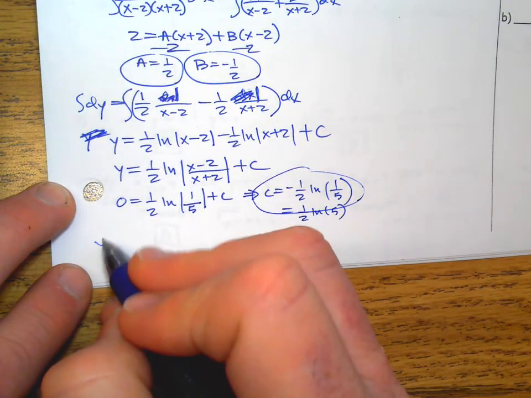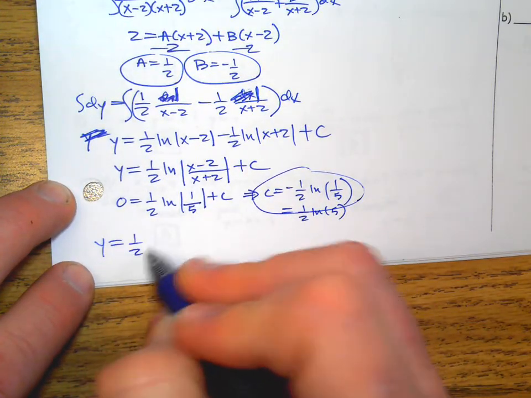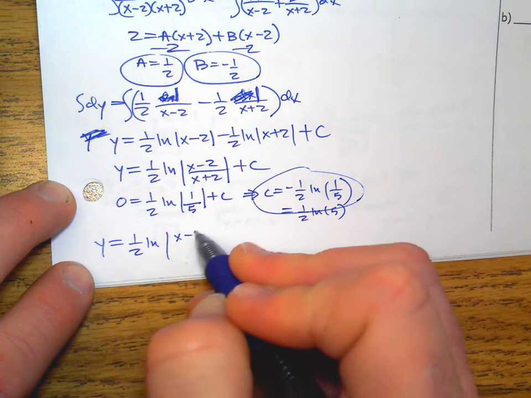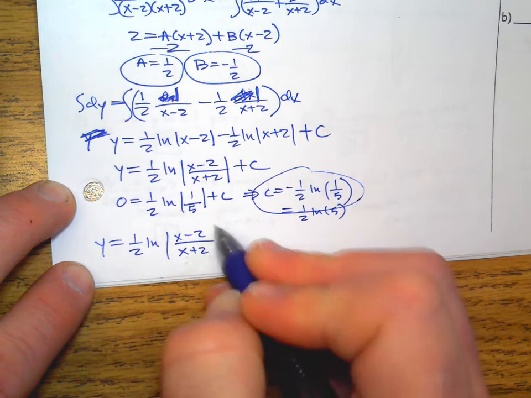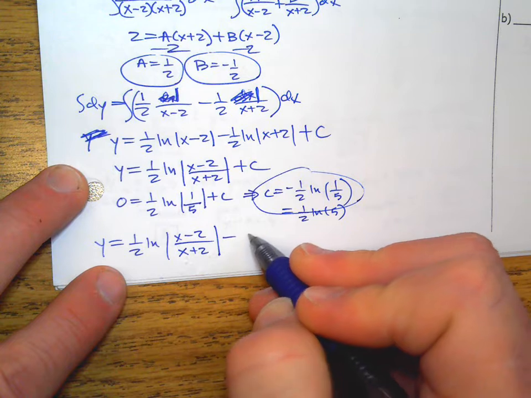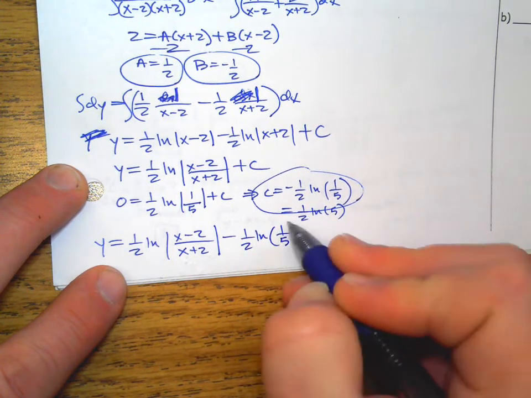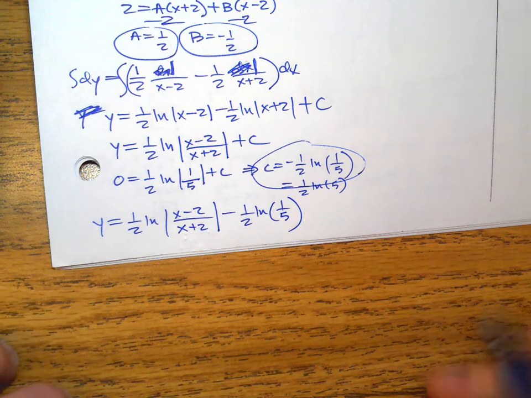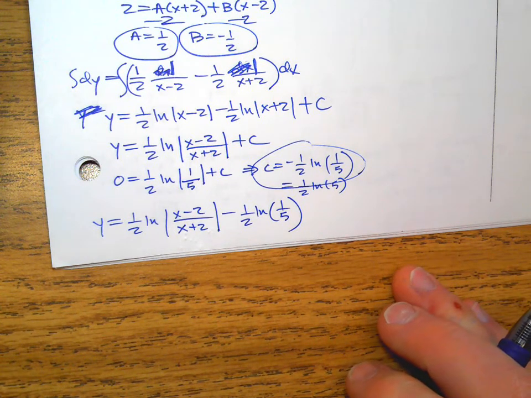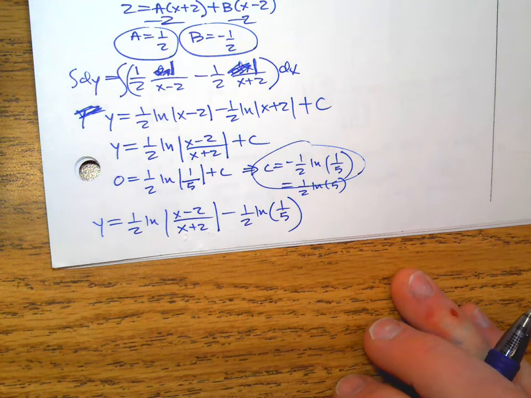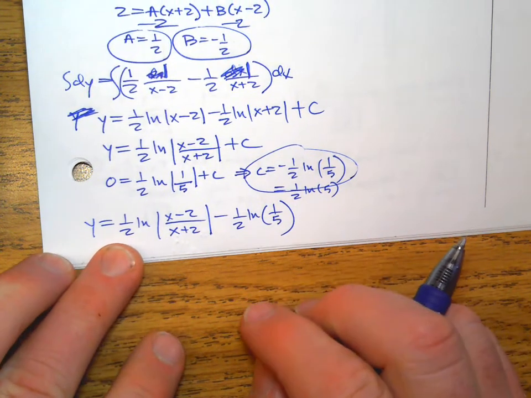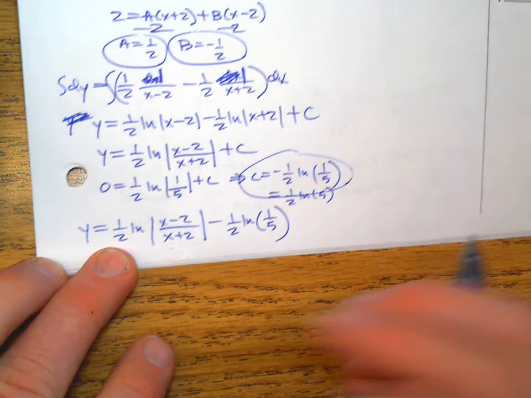So we're going to rewrite it. y equals 1/2 natural log of the absolute value of x minus 2 over x plus 2 minus 1/2 natural log of 1/5. And I mean, this one's pretty close to done. I think we should combine it together better.